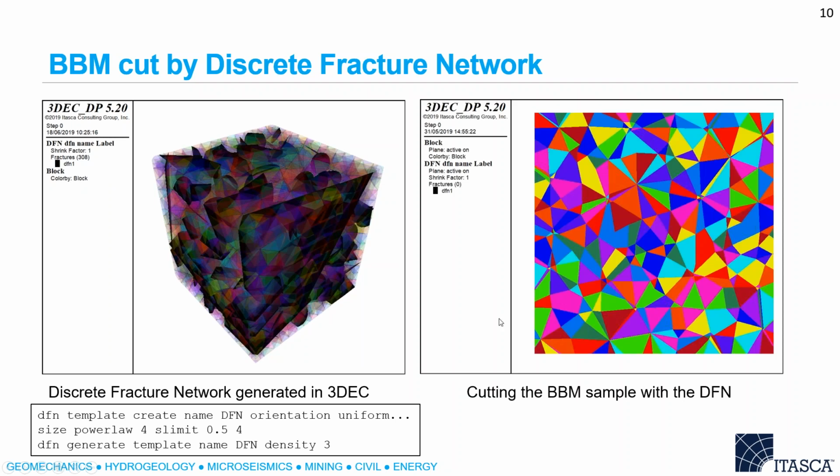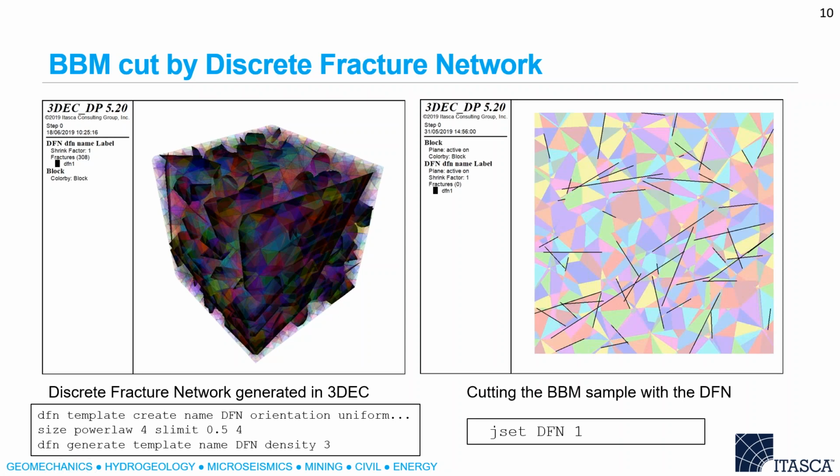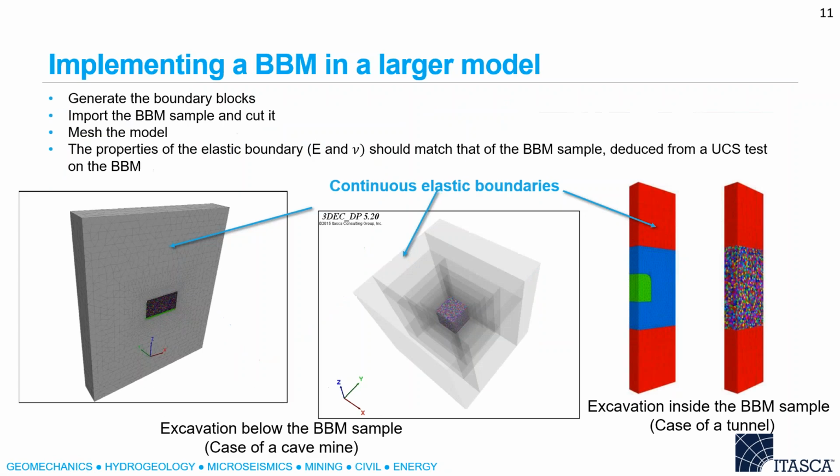This is a cut view before cutting with the DFN and after cutting. In this way, we have two scales of fractures: what already exists between the blocks, and the larger-scale fractures that represent the open features or the fractures that explicitly exist in the rock mass.